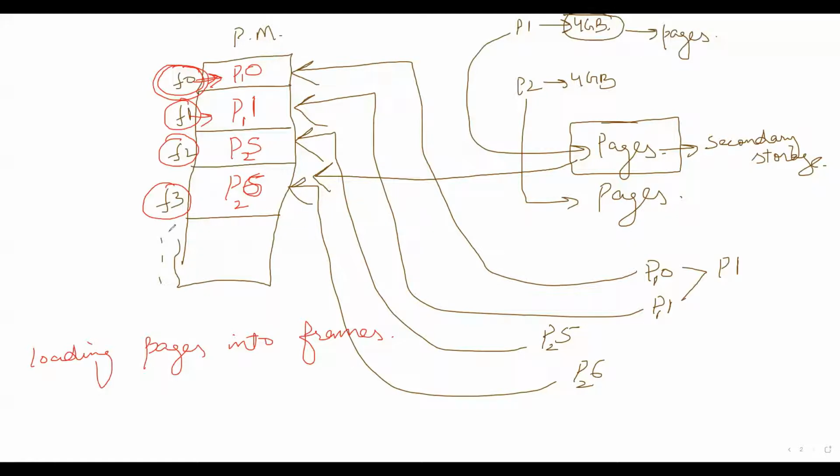So how will we store that particular information, this map? What we are going to do is, for every process, we will have a page table.